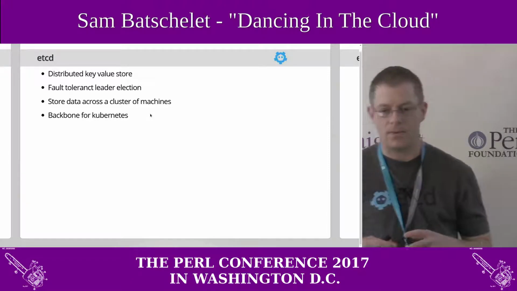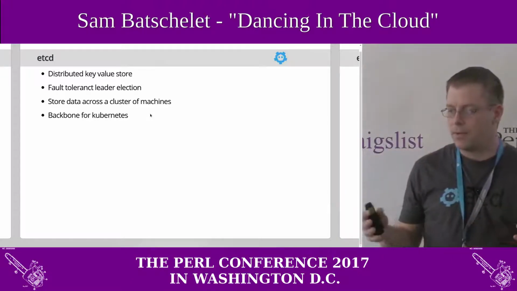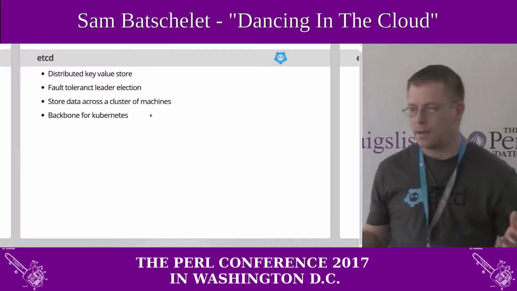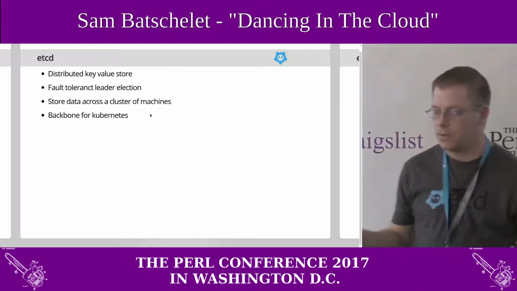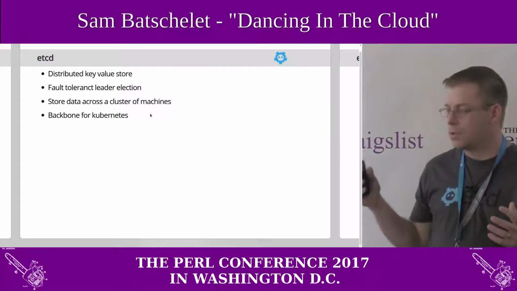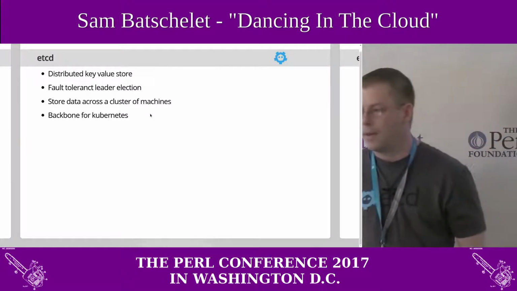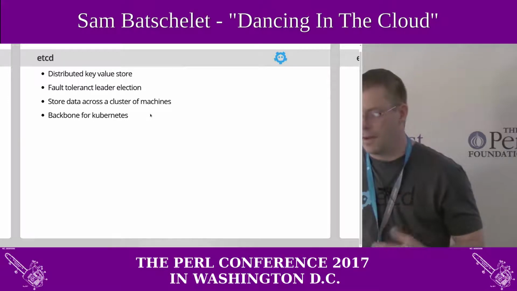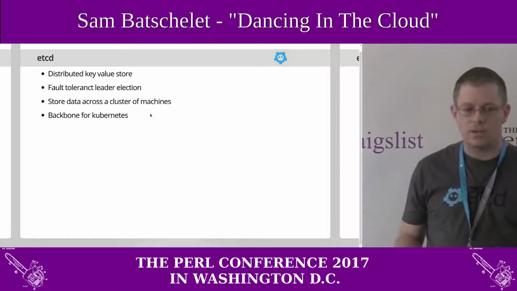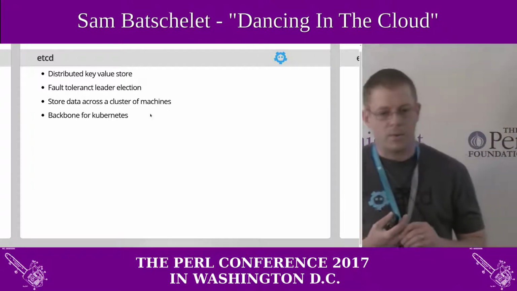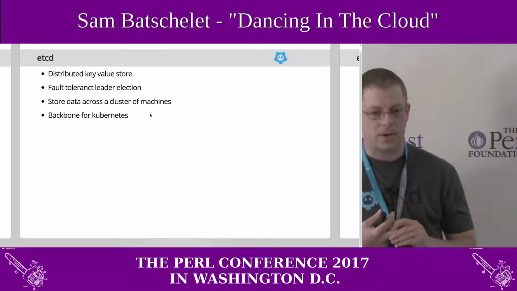So if you have 5 nodes spread across maybe a data center or even just a few server racks, and 2 of those go down, you're still going to have an operational system, which is different than a traditional deployment of maybe a VM with Postgres.